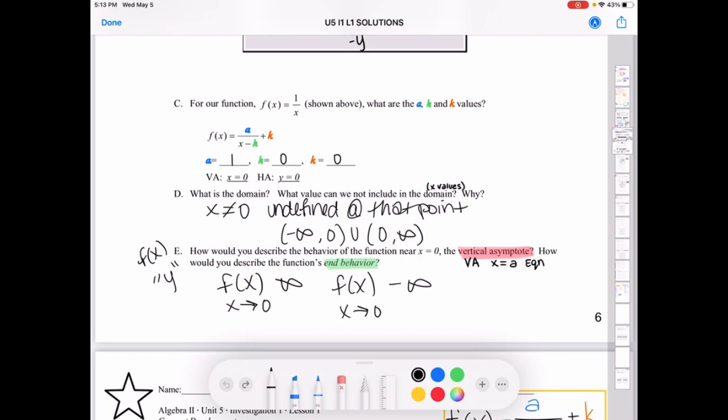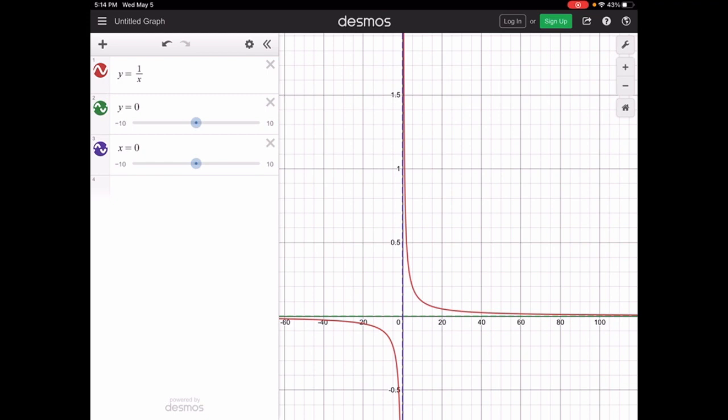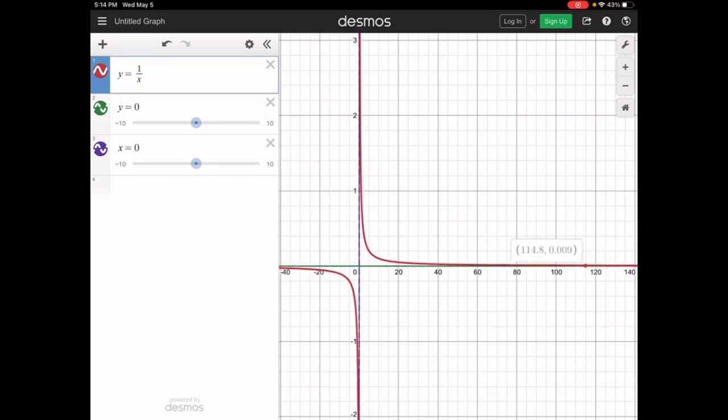So if you go to your graph on Desmos, as f of x, which is talking about your y values, as x is approaching 0, so it's coming from the right towards here, so it's coming this way, from right to left right now. So as x is approaching 0, they're talking about what are your y values doing.